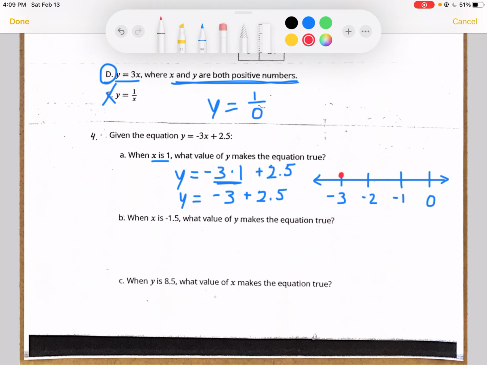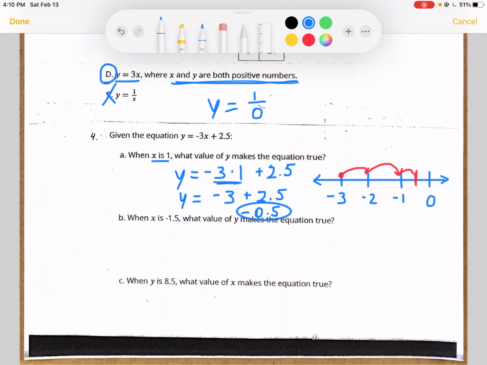But if I add 2, here's 1, 2, and then another half, I'm going to end up at negative 0.5. So all you're doing here is plugging in the number that they give you and then solving it out.